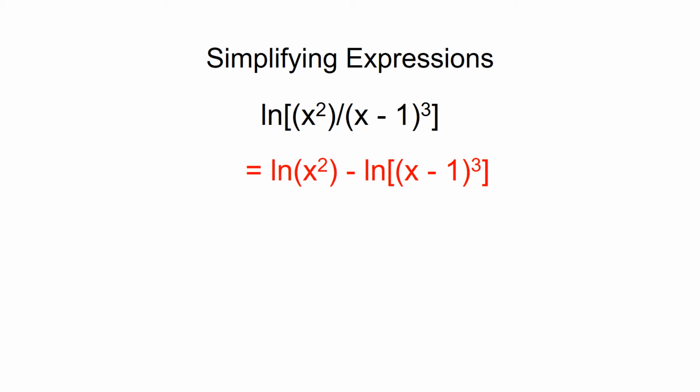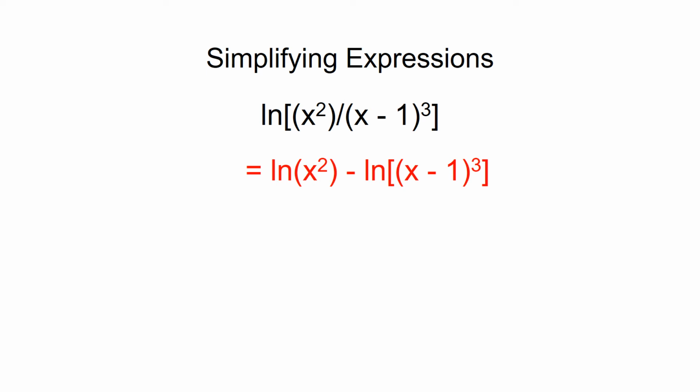So when we do this, we can then look more carefully and say, all right, this is great. We've taken one step forward, but now let's think about what x could be. We know that the argument for a natural log has to be positive. So the first term, the natural log of x squared, we only can put values in there that will be greater than 0. So that means that x would have to be greater than 0.